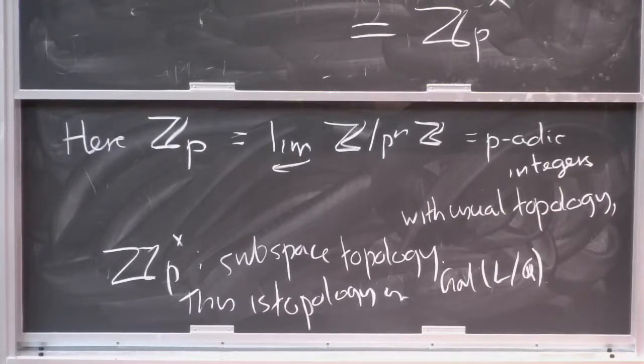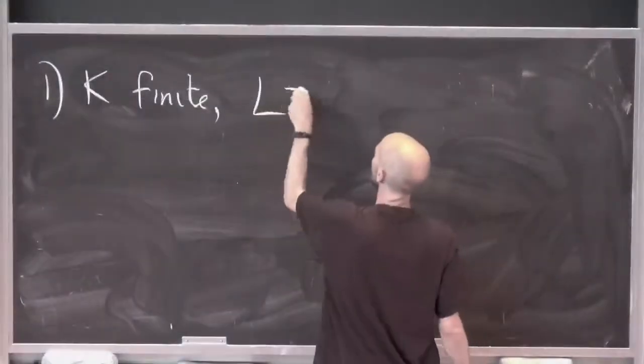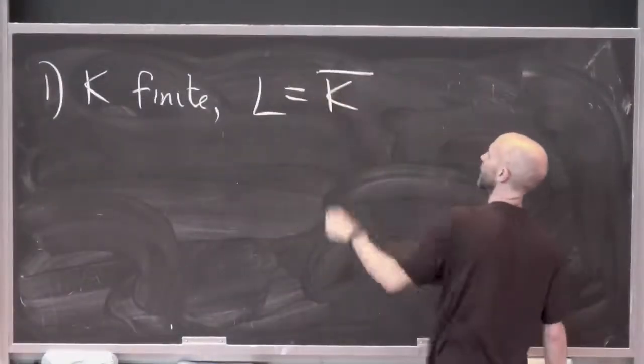Now let me do some examples of things that I'm more interested in, which is local fields. But before we get to local fields, let me do finite fields. Let's have K finite and L an algebraic closure.